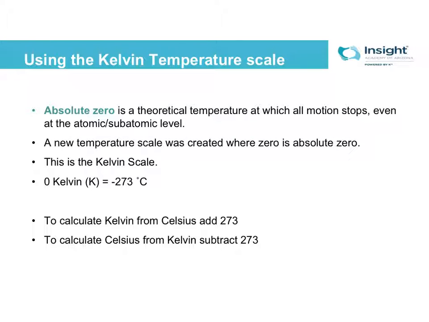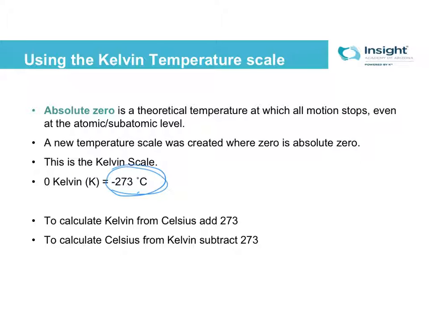Using this Kelvin temperature scale, it's actually going to be one of the easiest conversions you probably ever deal with. 0 Kelvin, at least according to what we think right now, is the equivalent of negative 273 degrees Celsius, and it's a linear scale.